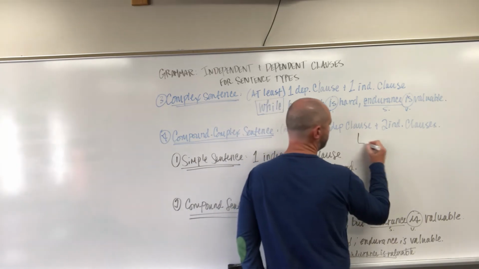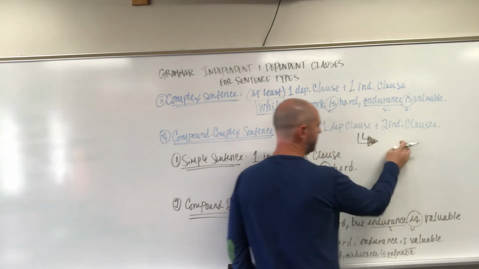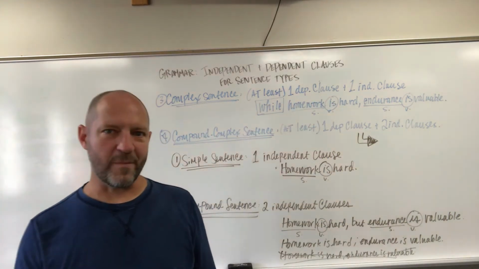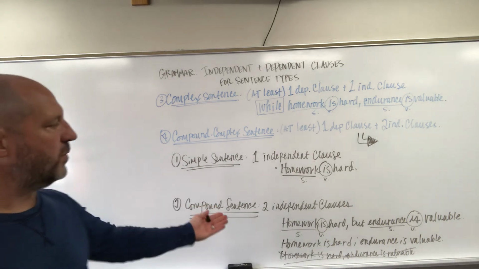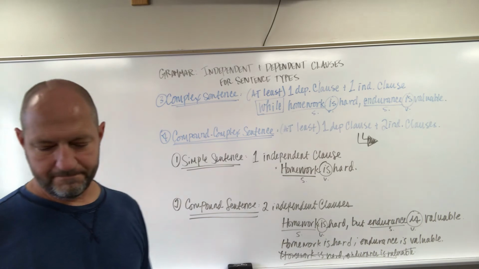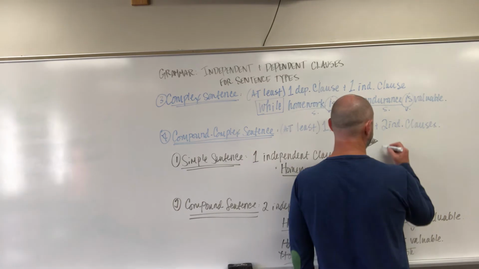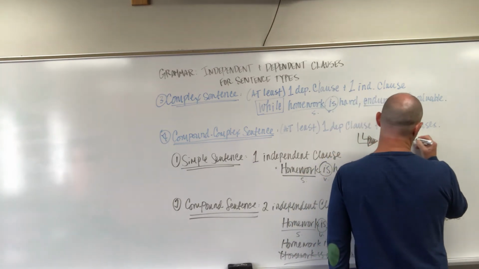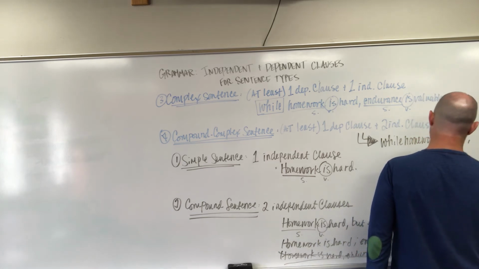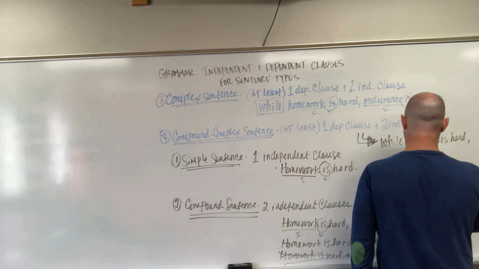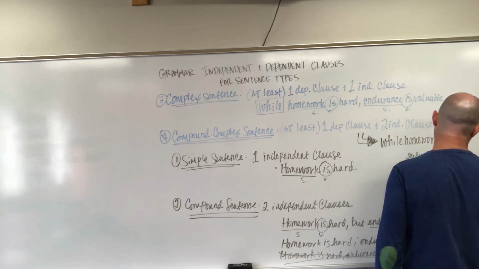I will use the black because I think it is actually going to show up better on the camera, all right? So just so you know, this here is the space where my compound complex sentence will go. All right. Keeping with our homework is hard, but endurance is valuable. All right. I'll do it this way. While homework is hard, endurance is valuable.